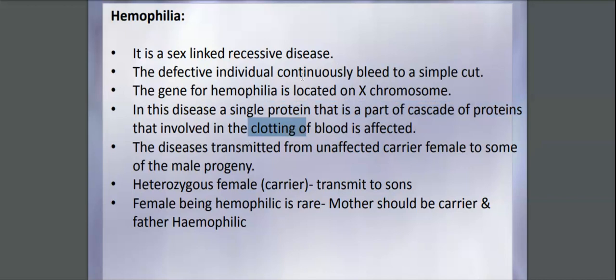So people who have hemophilia, even if by chance they get a simple small cut, can bleed to death. People suffering from hemophilia, you have to understand, don't have long lives because a simple cut can result in them dying of internal bleeding or just bleeding to death.